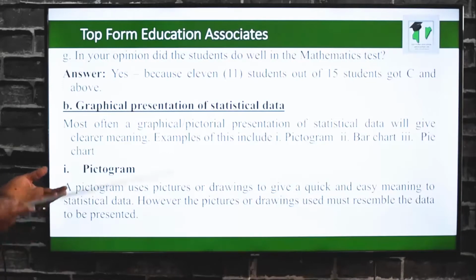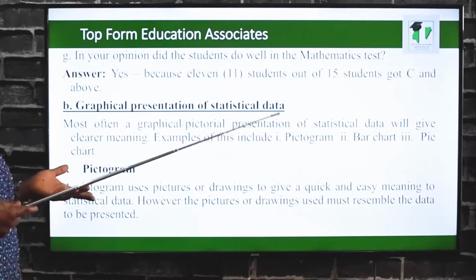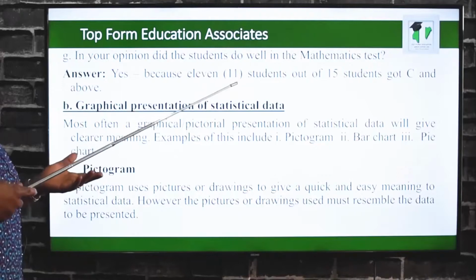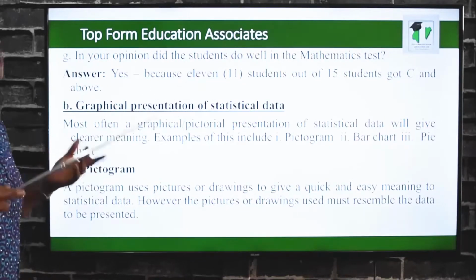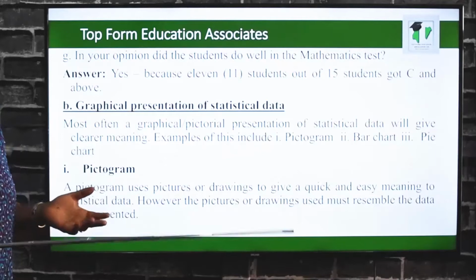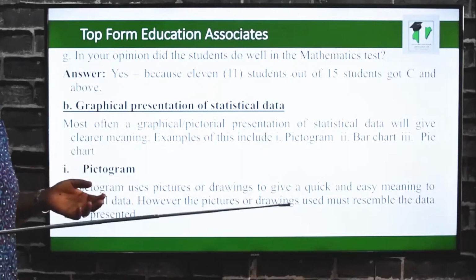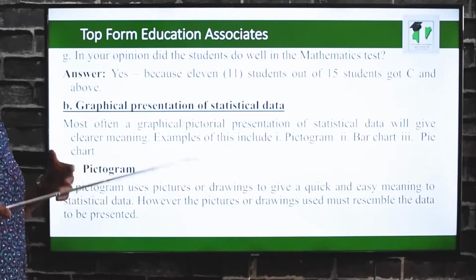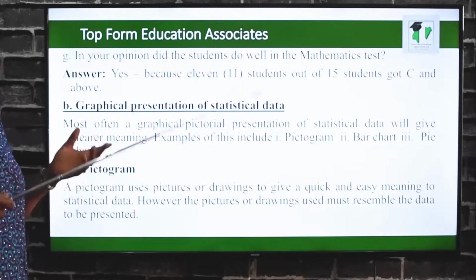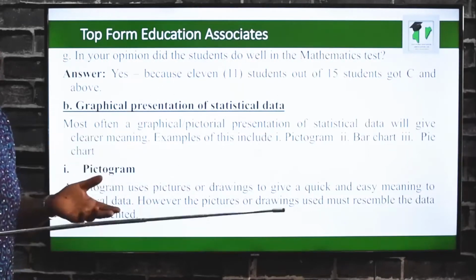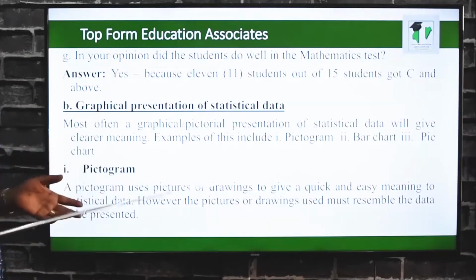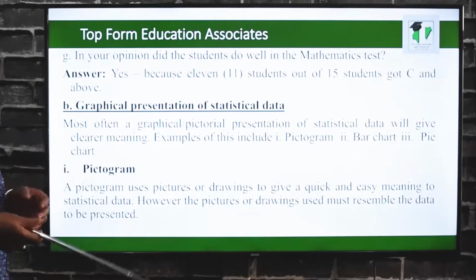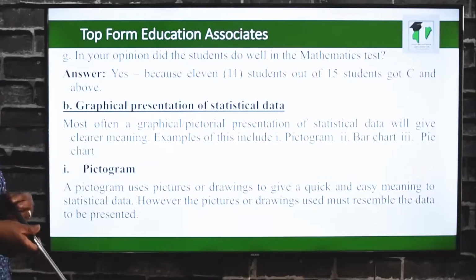For example, another question can be, in your opinion, does that class have a good mathematics teacher? Yes, because the students are doing well. If the students have not done well, the question can be, do you advise the school to get a new teacher for the class? That becomes planning. So many questions can come under statistical data.